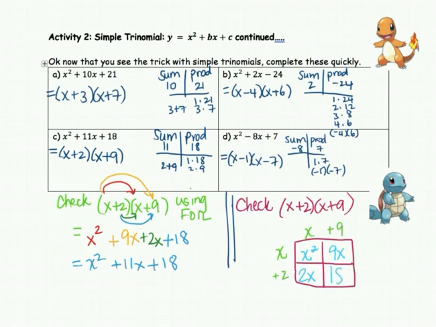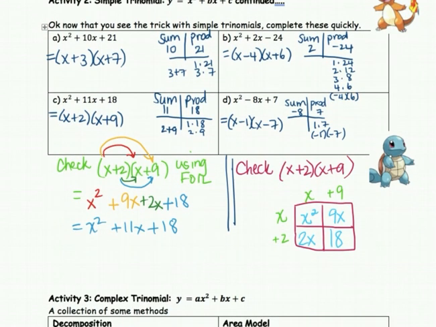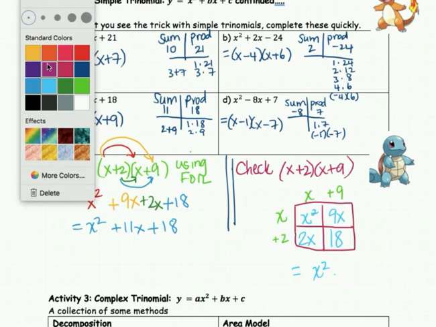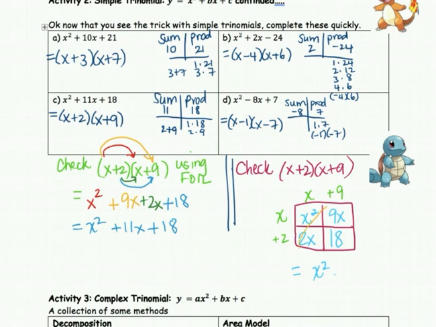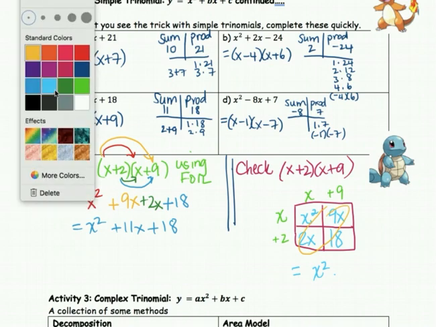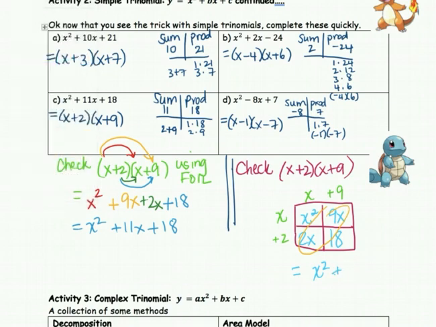Then we always write our final answer outside of the boxes here. Remember to add these up together as one, and you get 11x plus 18. So again, you got to the original question, and that's a great way to check before you hand stuff in.